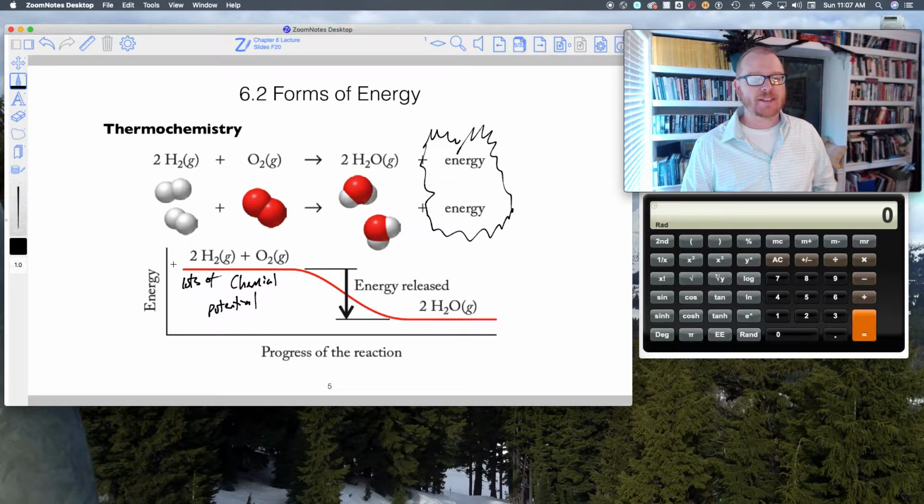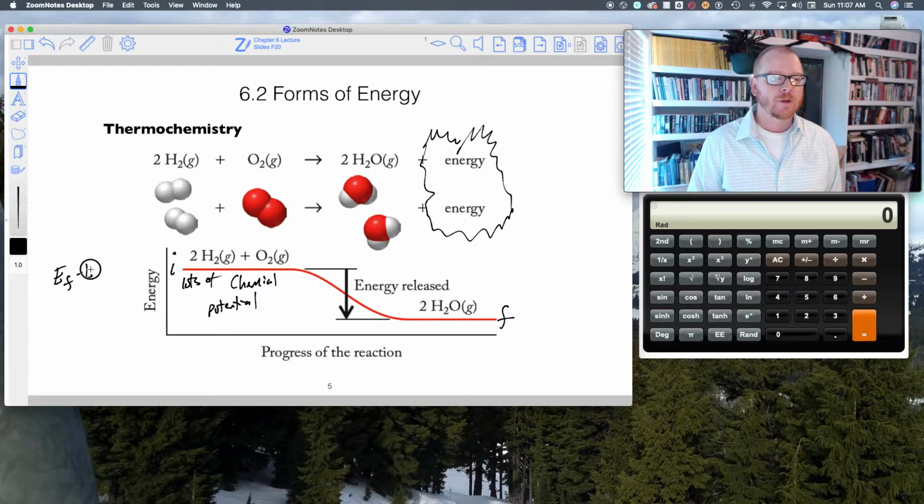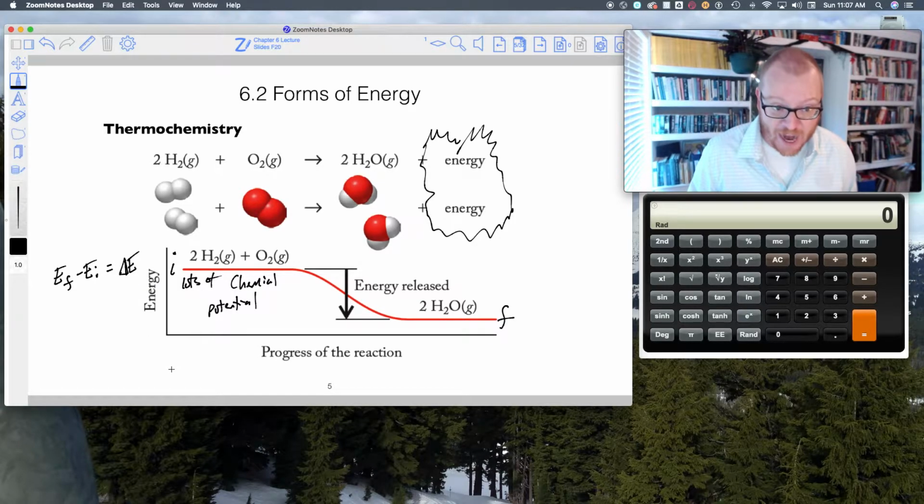So if we think about this as the initial state here and the final state here, we come to an important conclusion, and that is, if I subtract the final minus the initial, which is always the case in a state function, it's always going to be final minus initial, then we will actually get a negative quantity out of this.